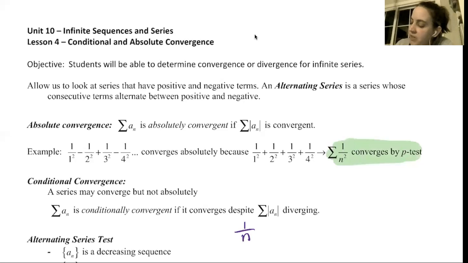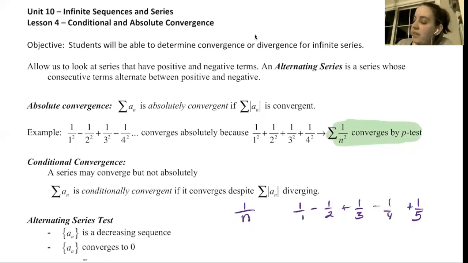If I did 1 over 1 minus 1 over 2 plus 1 over 3 minus 1 over 4 plus 1 over 5, when it's alternating, it would technically converge because it goes back and forth, and each term is getting smaller. However, if you looked at the absolute value, meaning always positive, this one would diverge.